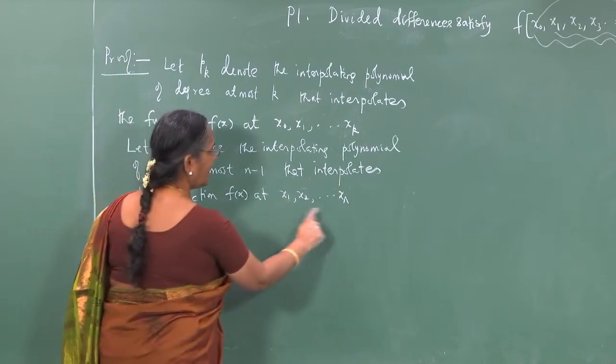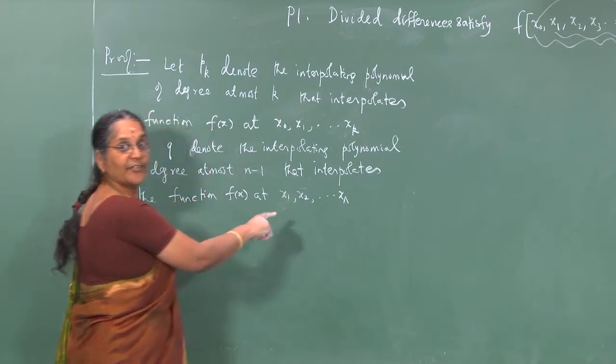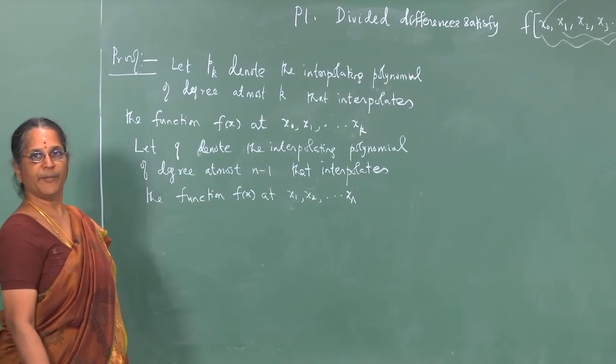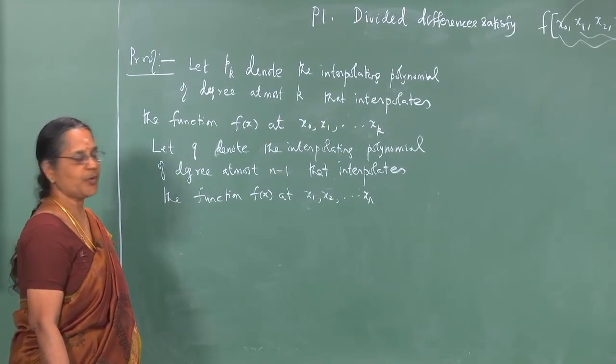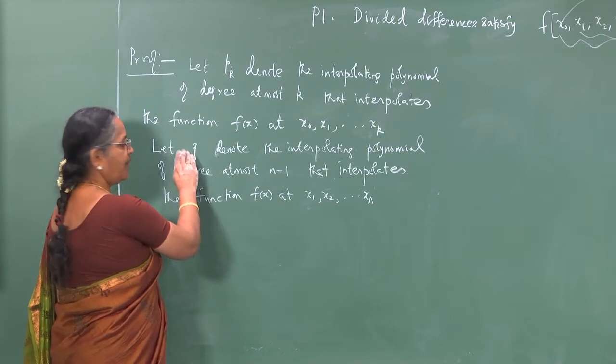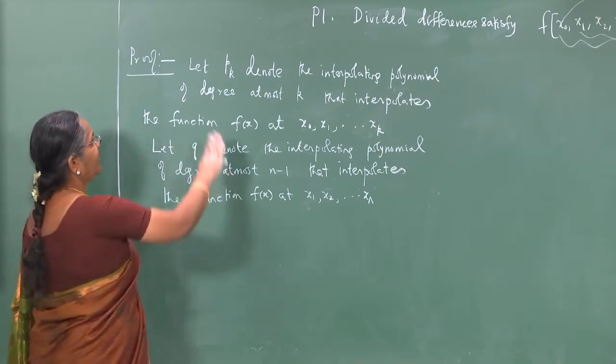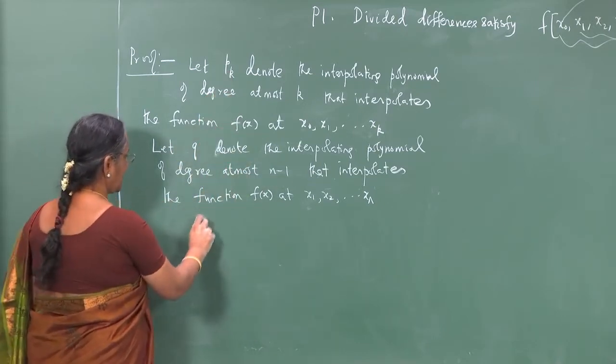How many points are there? There are n points. So we can seek an interpolating polynomial of degree at most n minus 1, and that we denote by q. So let us write down the properties explicitly.